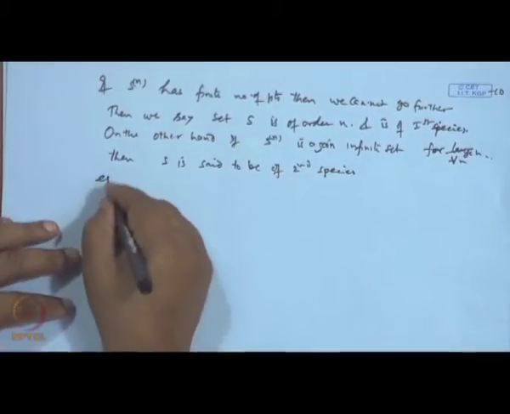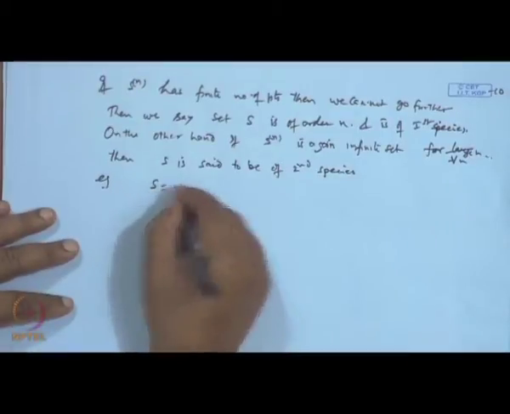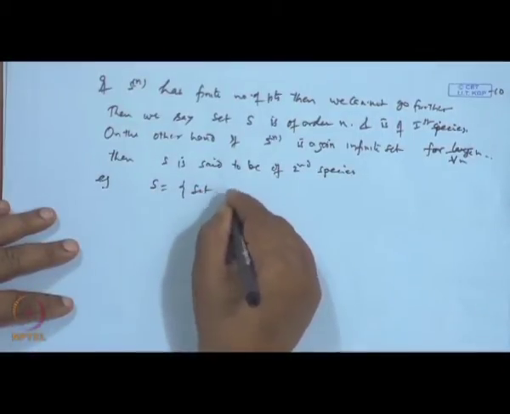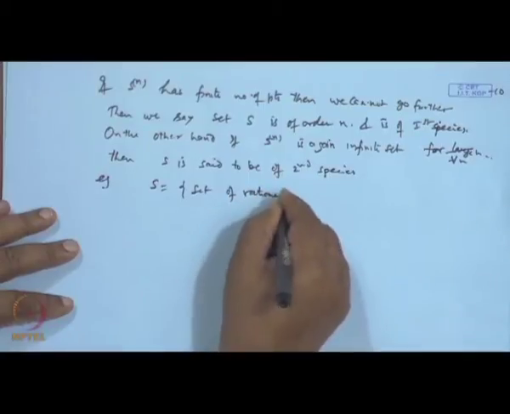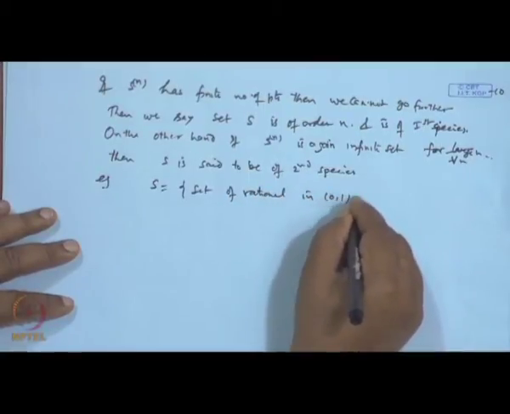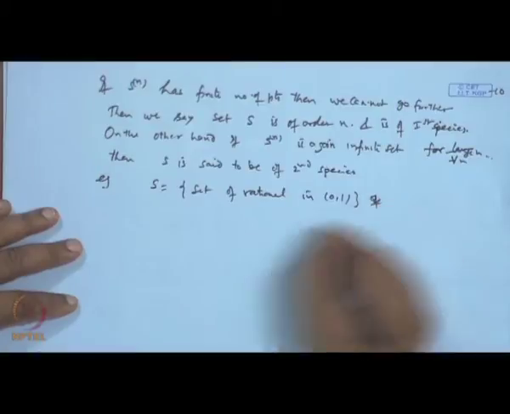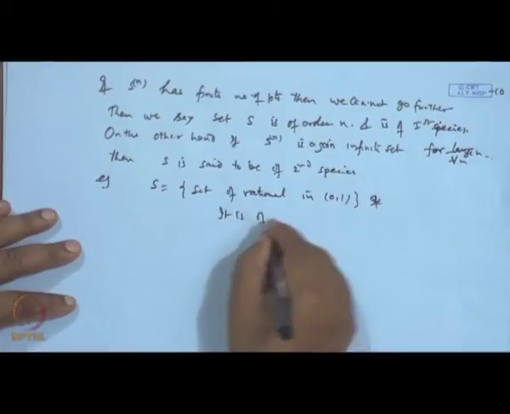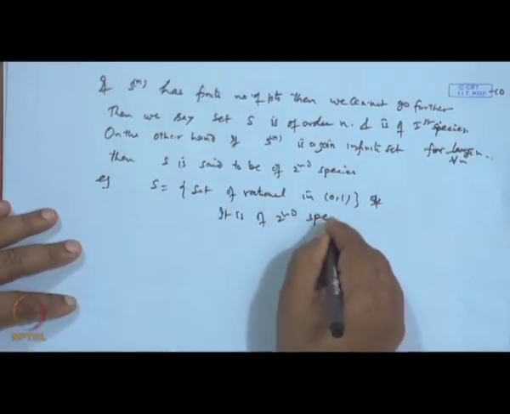So, for example, if S is the set of rational numbers in the interval 0 1, it is of second species. Why?